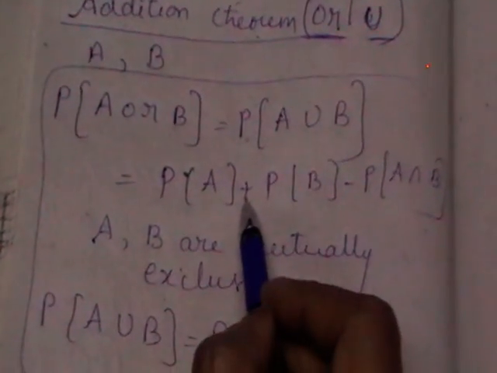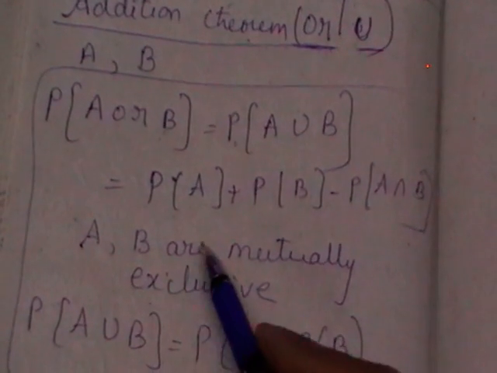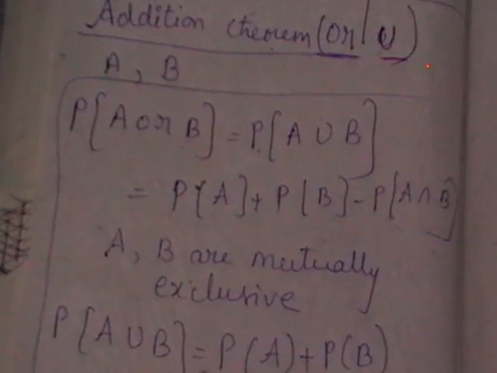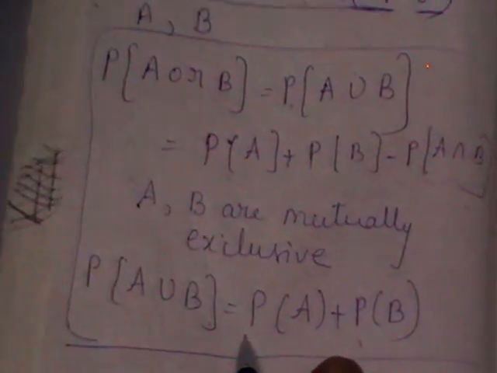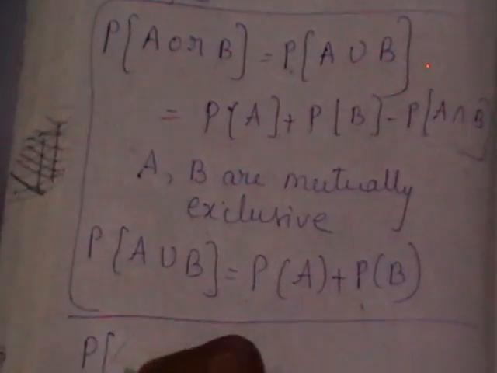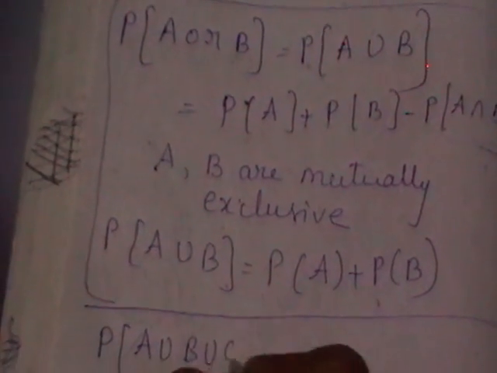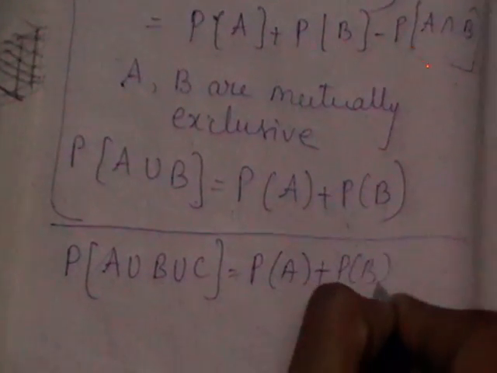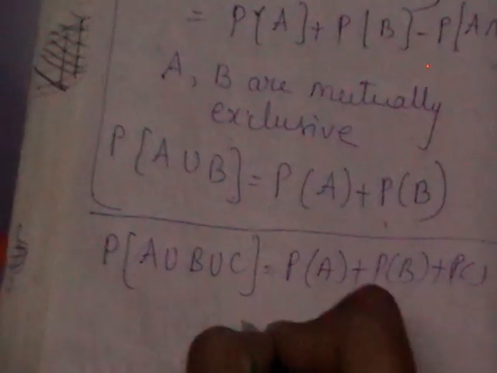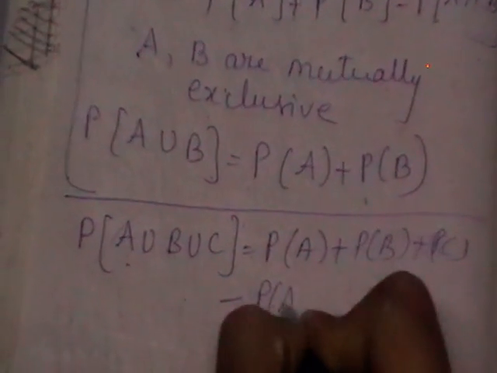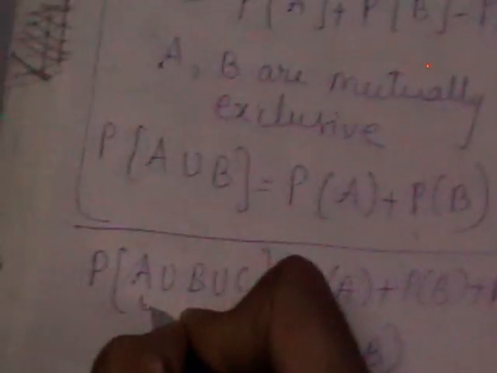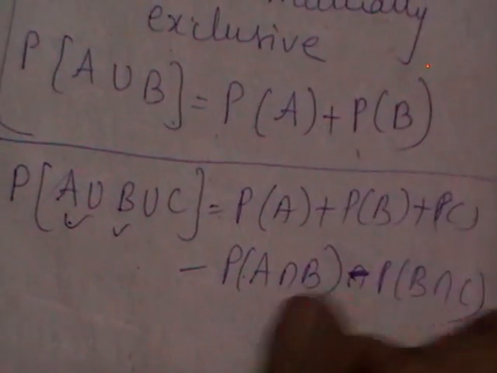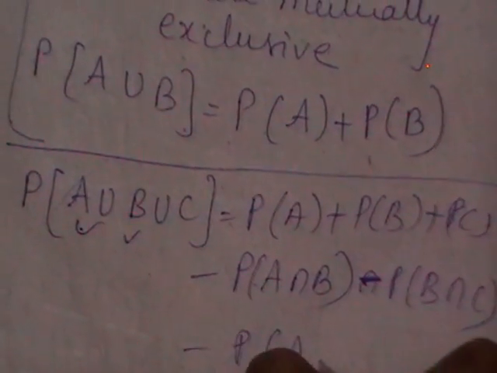The first statement is for any two events, and when A and B are mutually exclusive, this part disappears. You will only get probability of A union B is equal to P of A plus P of B. If you have three events, P of A union B union C is equal to P of A plus P of B plus P of C minus P of A intersection B, three combinations: AB, BC and AC.